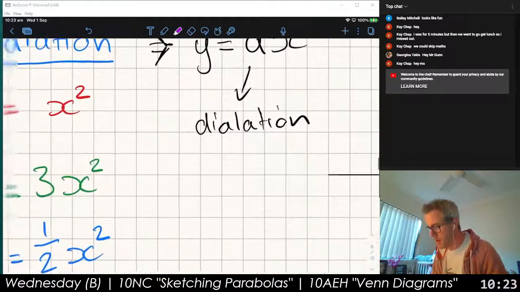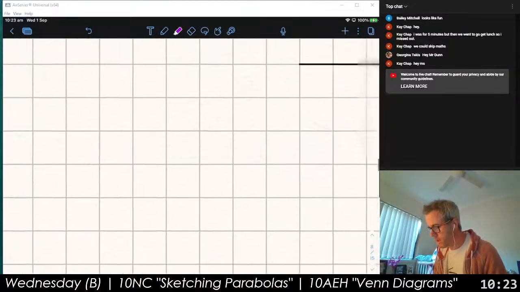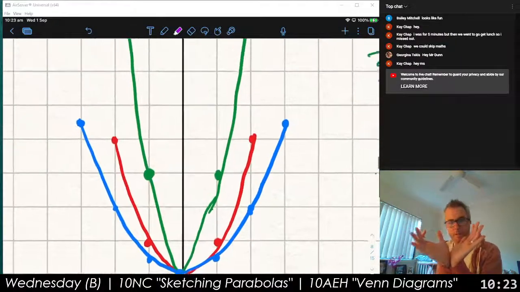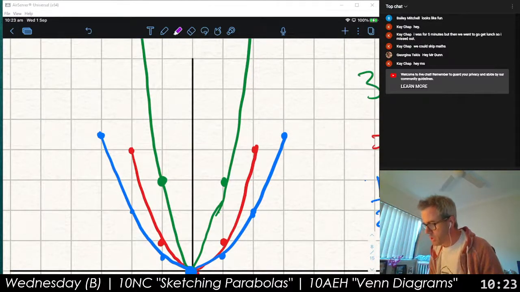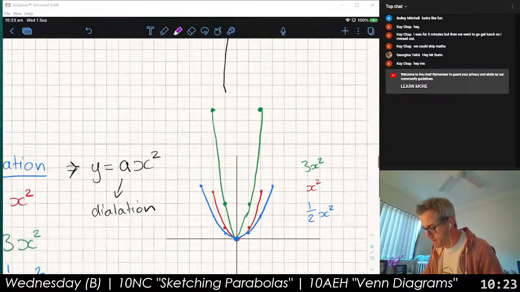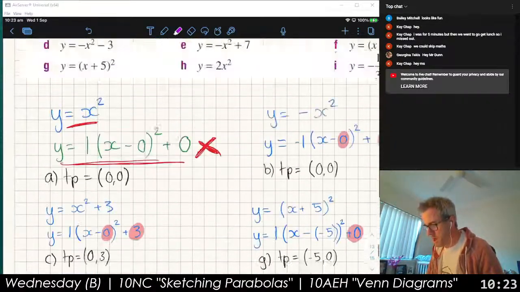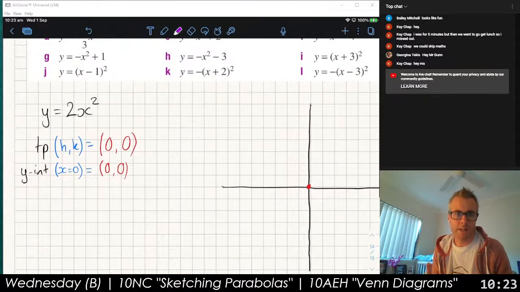Whereas if I go a fractional dilation or a fractional a, you can see over here, it actually makes it go wider. It spreads it out a little bit more, like that. So given that we're sketching down here, like so, we have to make a value judgment, an estimation of what's happening here.